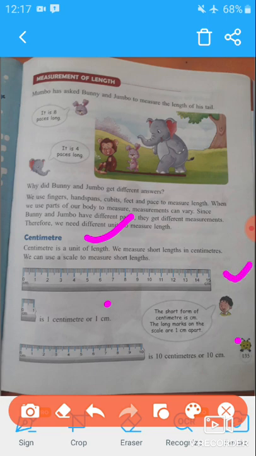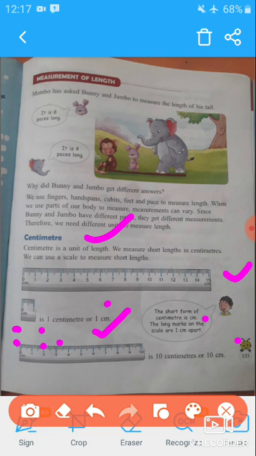Here only 50 centimeters are on the small scale. Look here, from 0 to 1 is called 1 centimeter, from 0 to 2 it's 2 centimeters, here 3 centimeters. The short form of centimeter is cm.